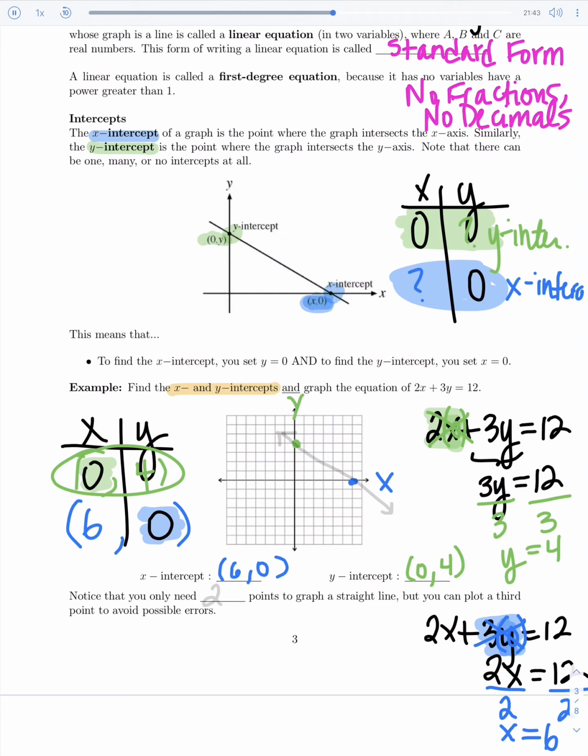I've got my 2 points, and we said that's all you need to graph a line. So I can play connect the dots, but make sure you go past those points and draw your arrows. It's really important to understand that lines always keep on going forever. So we only needed 2 points. You can try a third one, but you don't need to.